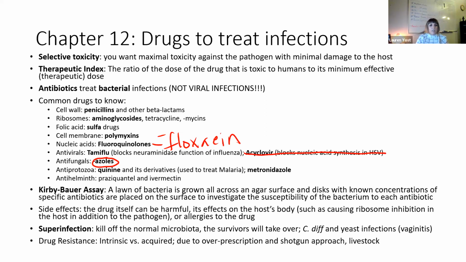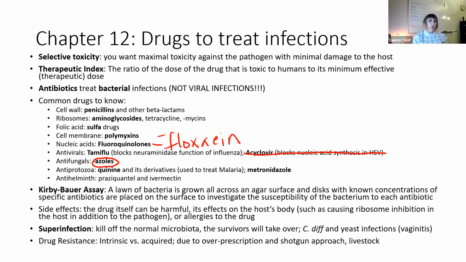And then drug resistance itself, it can be intrinsic or it can be acquired. Intrinsic means that the bacteria that produces penicillin, for example, has to be resistant to the penicillin it's producing. It can't be susceptible to it. So that's intrinsic drug resistance, and then we have acquired, which is just gotten from other bacteria.